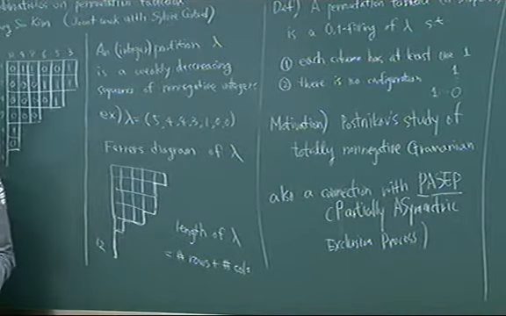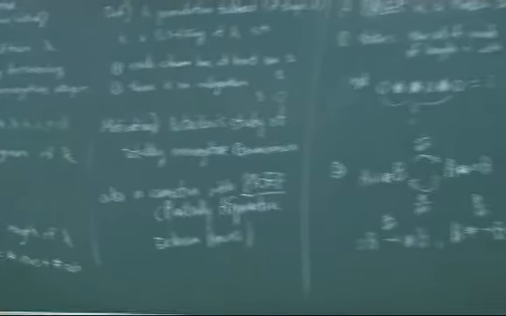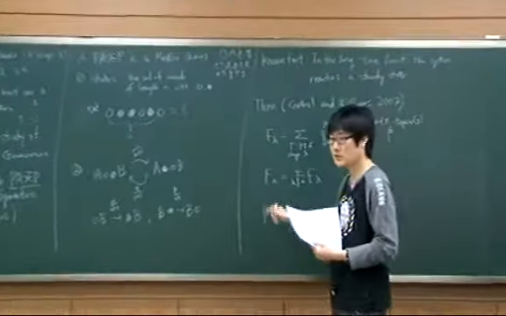The length is 12. So Fn is the sum over lambda, where lambda is a partition of n, of F lambda. Then the theorem says that the probability that, so this is tau, that we can find this state in the long time limit.